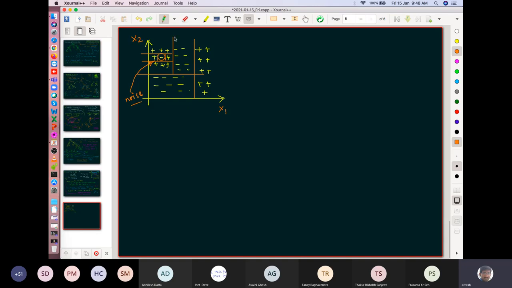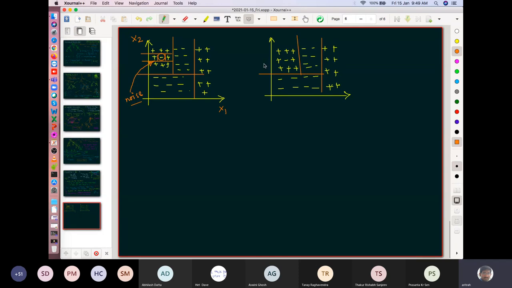Each of these lines that I have drawn is basically a particular value of the attribute that I tested upon, and my tree depth grows on. So what I will do is, while growing, I split once, I split twice, I split thrice.